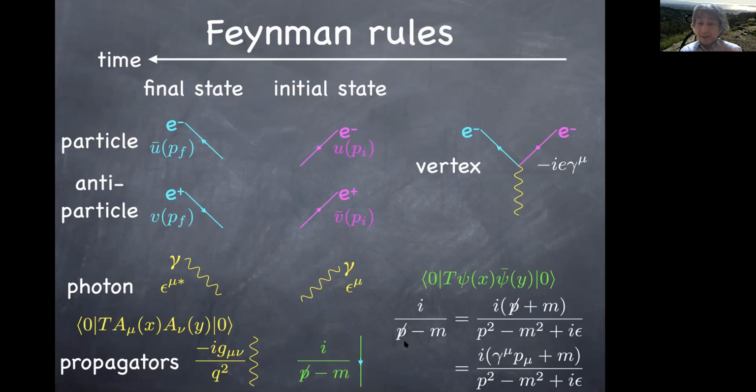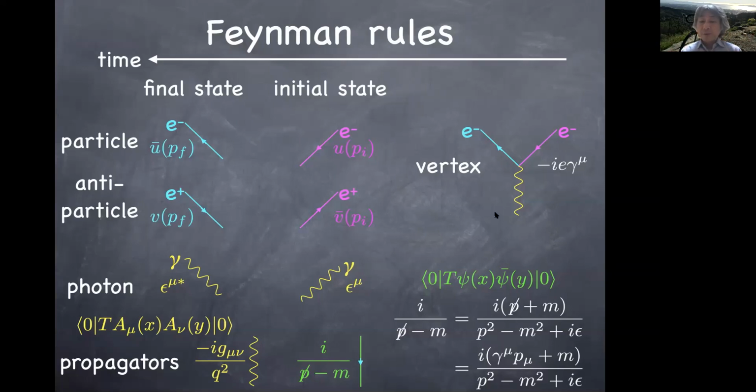Putting a matrix downstairs sounds strange, but if you multiply P slash plus M, both in the numerator and the denominator just becomes a number. This is not a matrix anymore. And this looks basically similar to the propagator for the Klein-Gordon field, except that you have this P slash plus M upstairs. So that is what you're going to use when you have an internal line of the fermion connecting vertices.